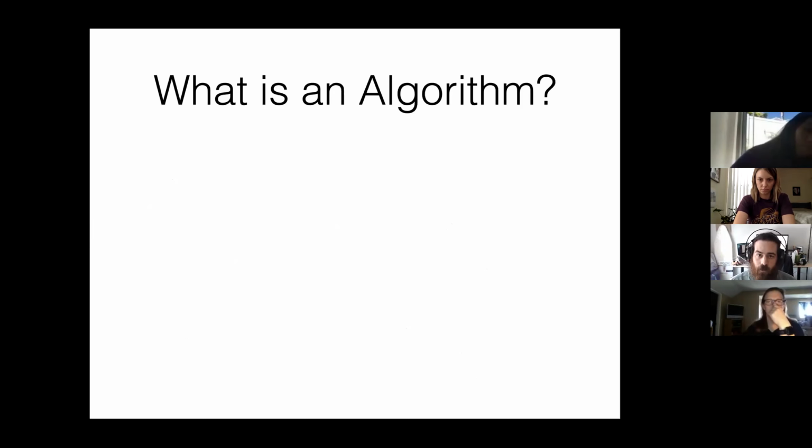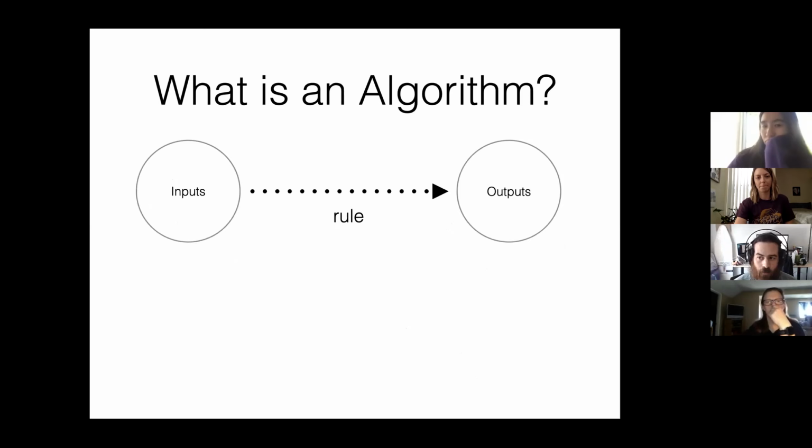Okay, so that's what a problem is. You know, we've got our highlighted word from Webster's definition. Now, what's an algorithm? Remember, here's our setup. A rule doesn't tell you how to associate inputs with outputs, right? It just tells you what. A rule is what you want, not how to do it.